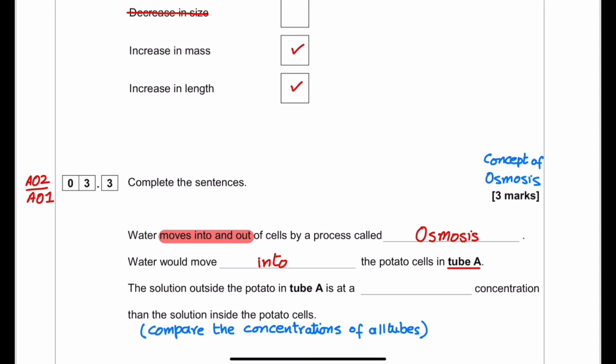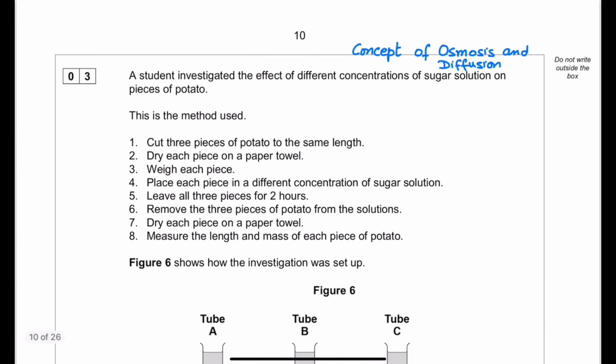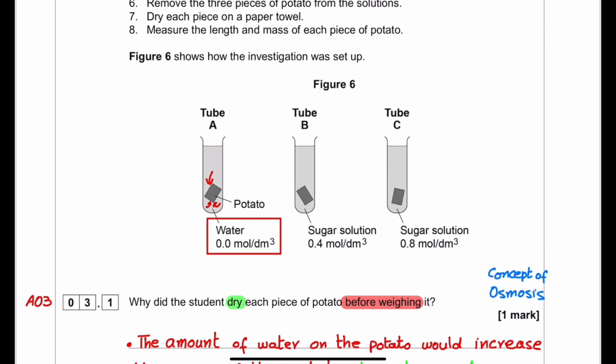The solution outside the potato in tube A is at a lower concentration than the solution inside the potato cell. And if we go back to figure number 6, it is very clear that water is trying to go inside as the result of osmosis.